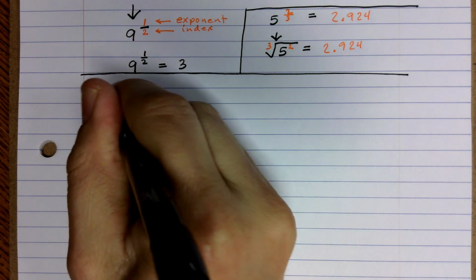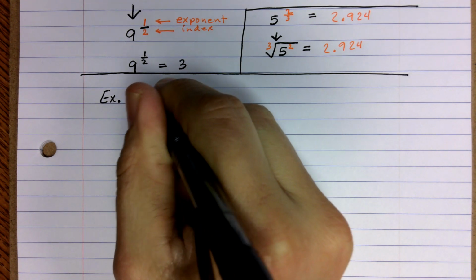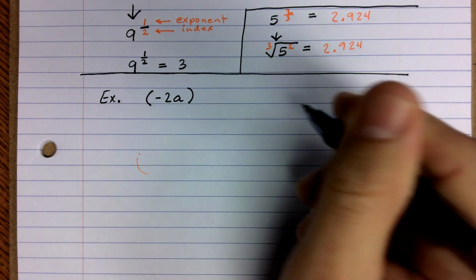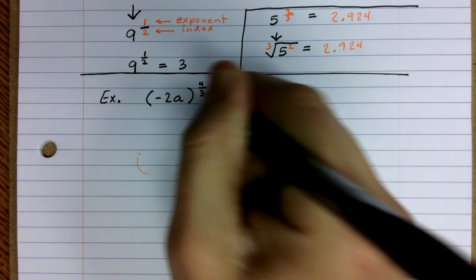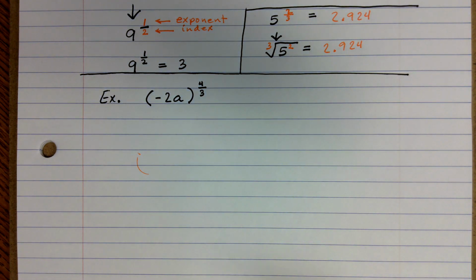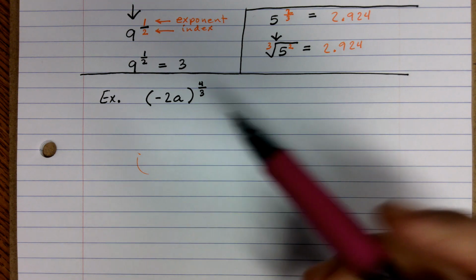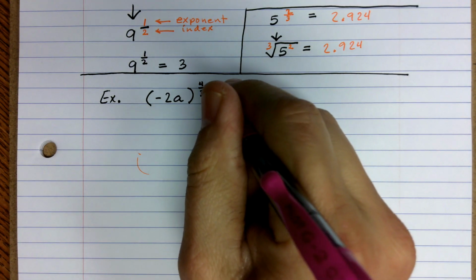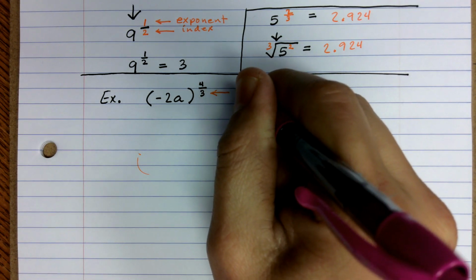So on example 1, we have a parenthesis and we have negative 2a, all in parentheses, to the power of 4 over 3. So what we're going to do is convert this into a radical. And it's going to be a cube root, and the way I know that is because this bottom value, the denominator of my exponent, is my index.